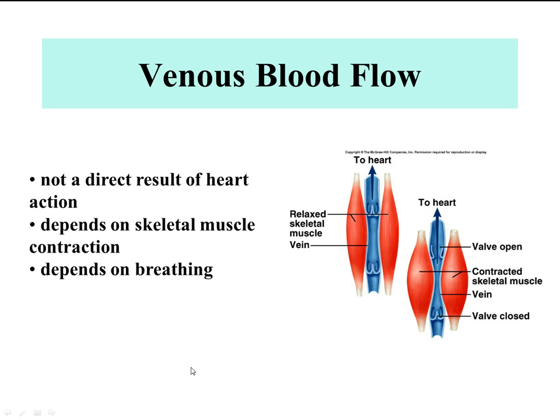Venous blood flow is not a direct result of heart action. It depends on skeletal muscle contractions to move the blood along. So this contraction of these muscles helps to squeeze that blood through that vein or venules. And it depends on the breathing, so the action of the diaphragm muscle, and also skeletal muscle contraction.